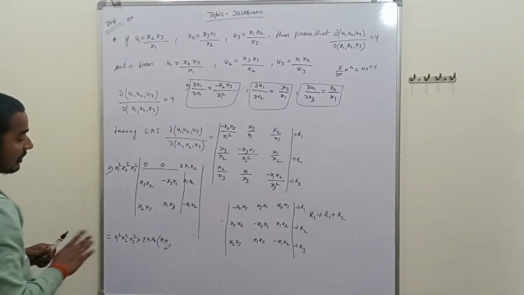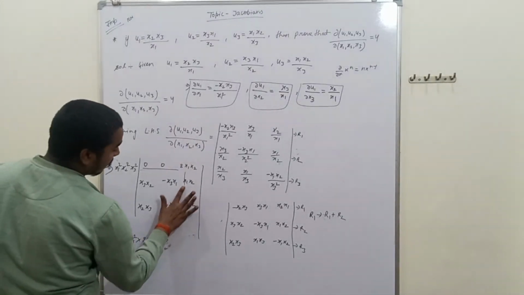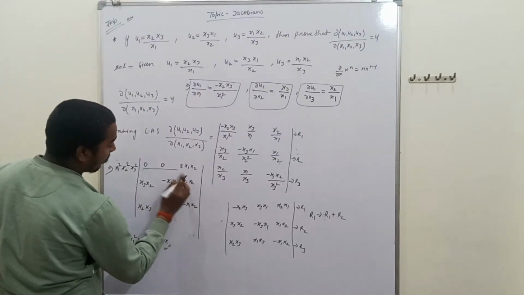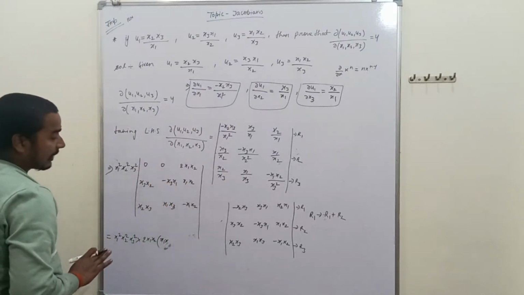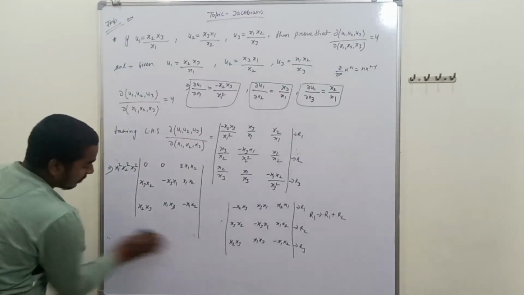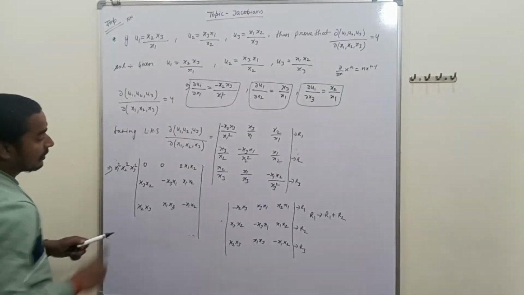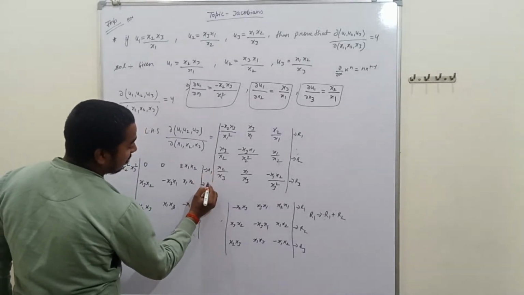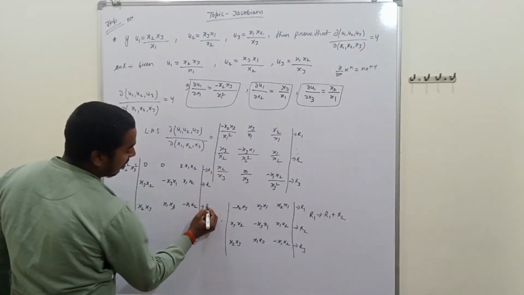We have to take one more operation. This is r1, this is r2 and this is r3.